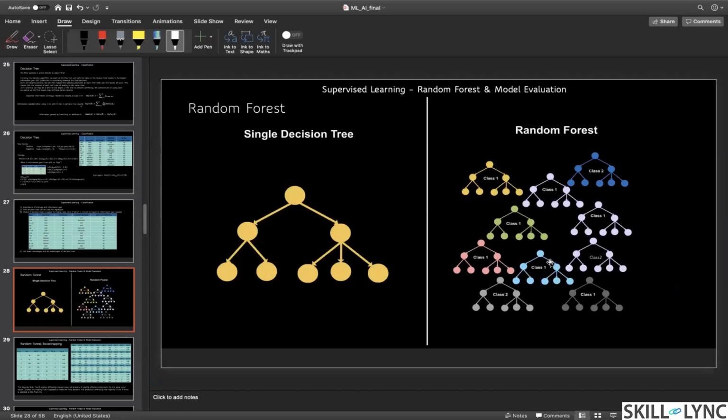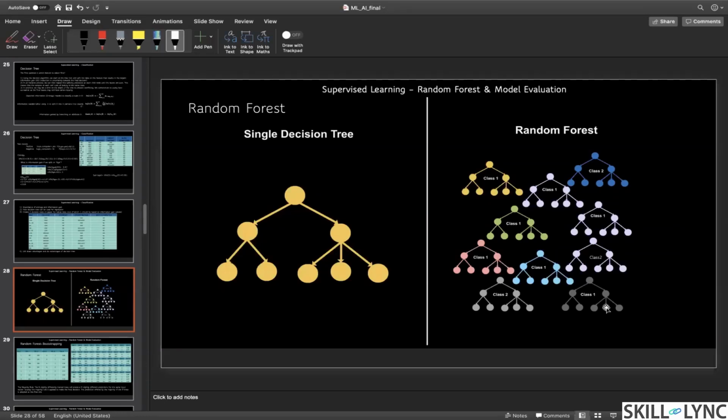So when we have a lot of trees, that's called a forest. And why is it random? Because if you notice, different decision trees will give you different outputs or different predictions. Now how to tell which output or which prediction should be chosen? That's the ultimate goal for us, right?